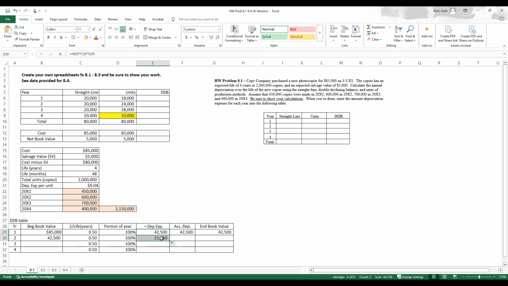Then we do the same thing. You just multiply the beginning book value by those same 2 factors. The accumulated depreciation, then you add those. It's an accumulation of all the depreciation expense throughout its life. And then we take, again, the very beginning total cost, 85,000, minus the accumulated depreciation there.